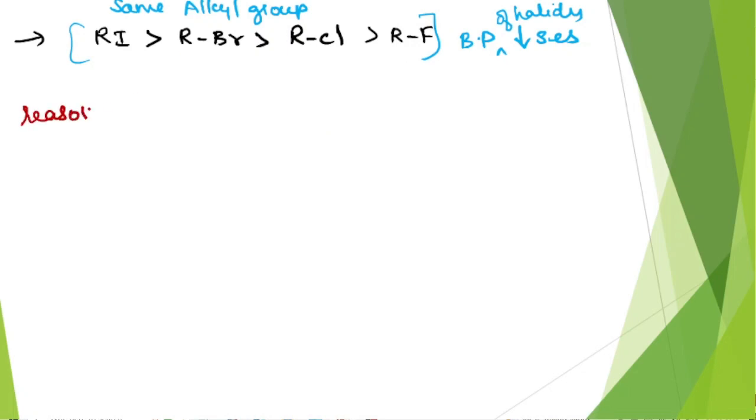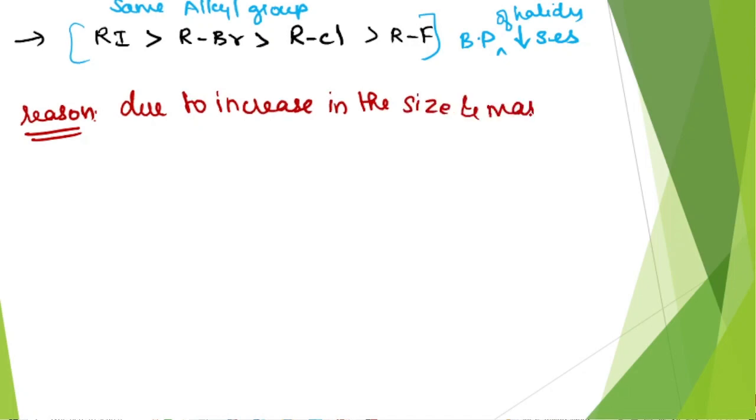The reason is that due to the increase in the size and mass of the halogen atom, as you go down the group, the halogen atoms increase. So for the same alkyl group, the boiling point of halides will decrease.